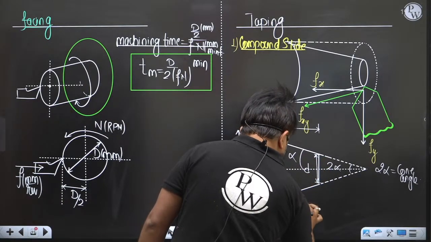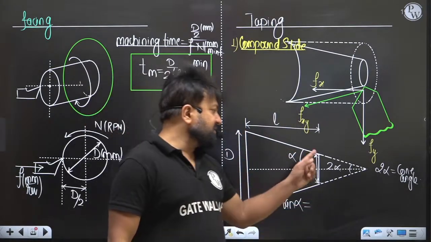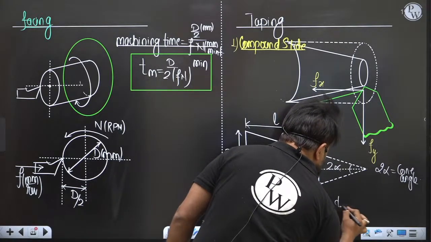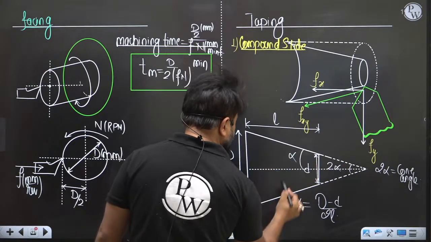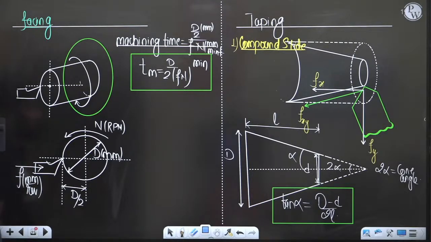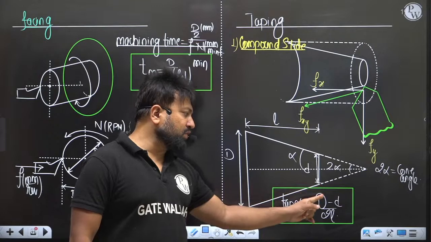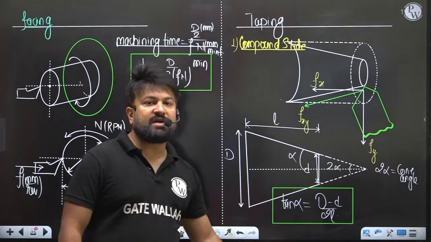So my dear, tan alpha equals capital D minus small d by 2L, where capital D is the bigger diameter and small d is the smaller diameter. By this relation, if you know the bigger diameter and the smaller diameter, you can find out the half taper angle.